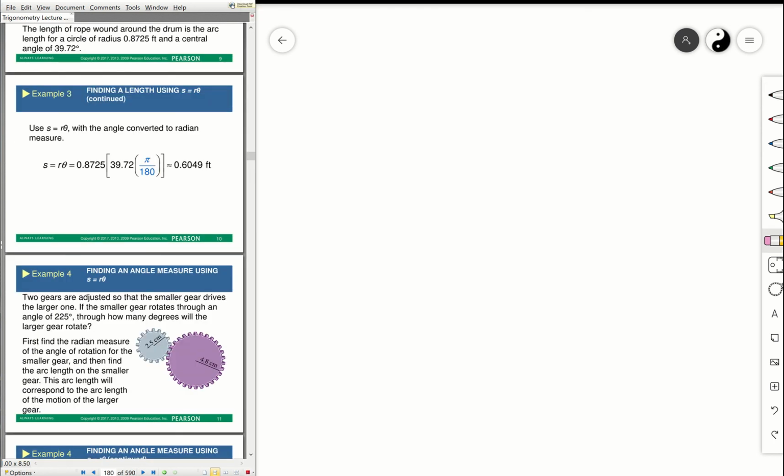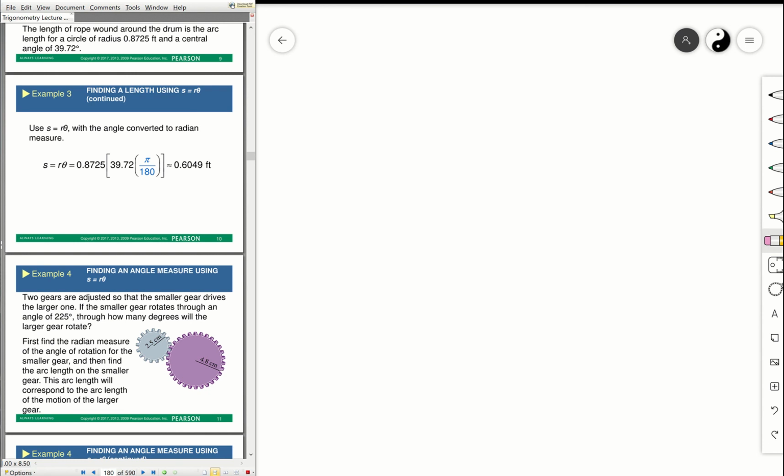Okay, next, let's go ahead and take a look at this other good example. It's example number 4 on the left of your screen. So basically we have two gears that are adjusted so that the smaller gear is driving the larger one. And the smaller gear is going to rotate through an angle of 225 degrees.